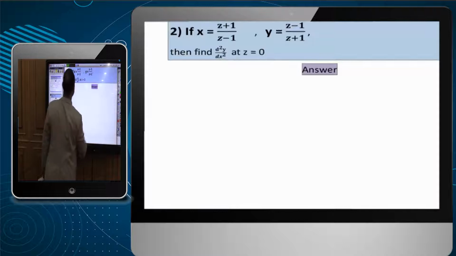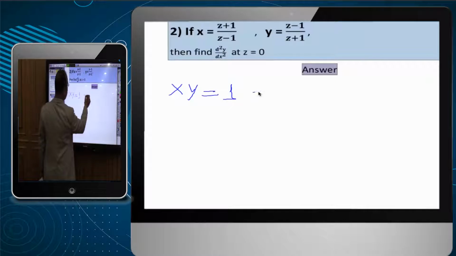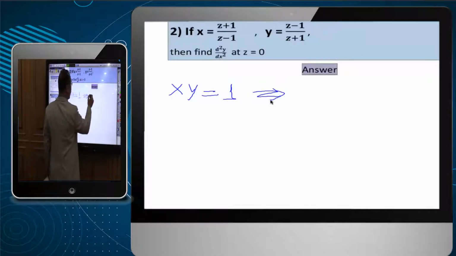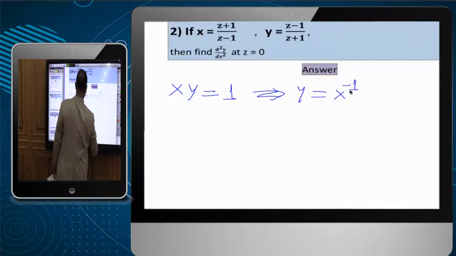To find d2y by dx2, first find the relation between x and y. If we multiply x times y, it will be equal to 1. This implies that y equal x power negative 1.